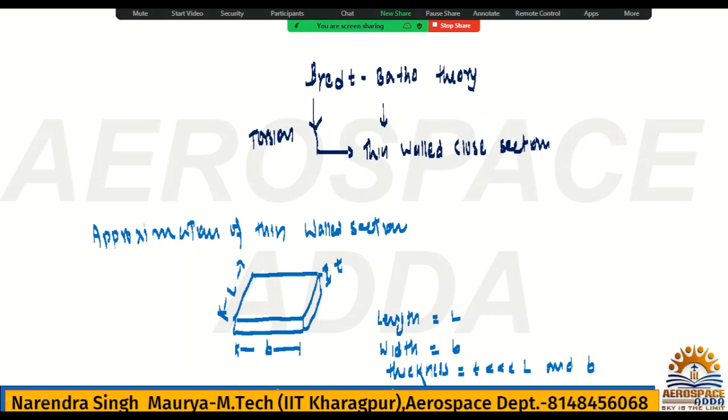So this section will be considered a thin cross section.